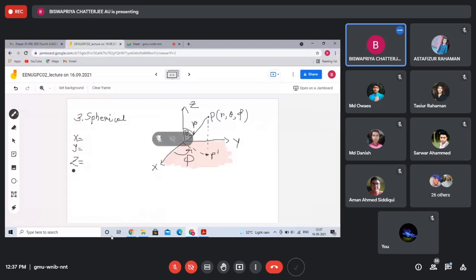Anyone? Very easy. R cos theta. Very good. R cos theta.